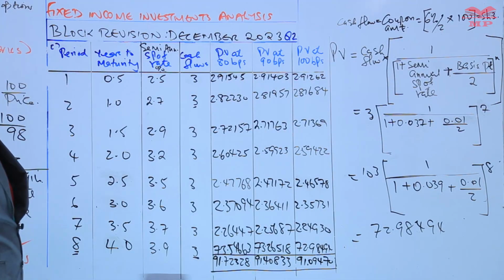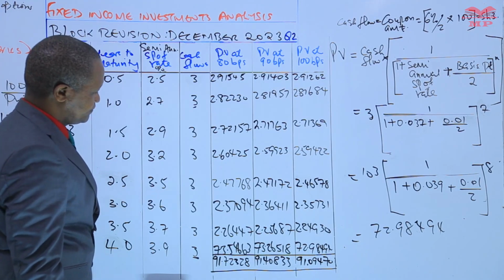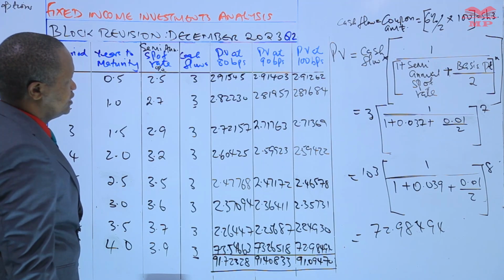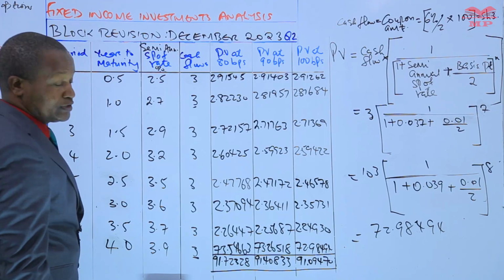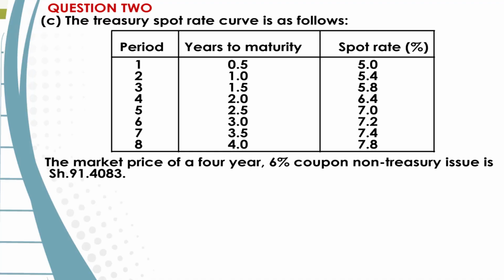Now, candidates, you can see that we've calculated the present values at 80 BPS, at 90 BPS, and at 100 BPS. After computing these present values, we compare with the market price of a 4-year 6% coupon non-treasury issue.